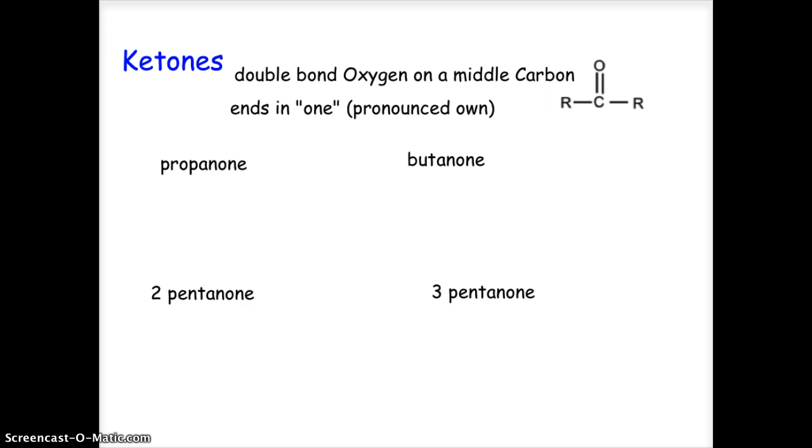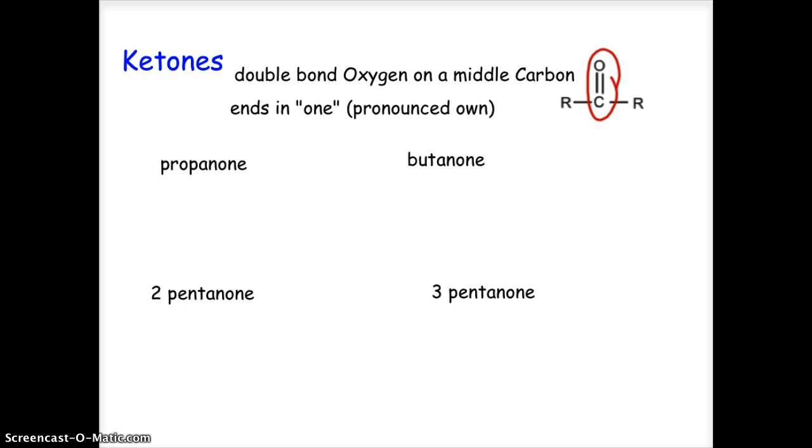Ketones are similar to carboxylic acids in that there is a double bond oxygen, though, it is on a middle carbon. And we pronounce ketones that they end in the word "one." Okay, so here is the functional group. So it's kind of a look for is just that double bond oxygen on a carbon.